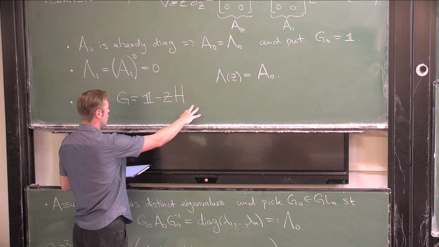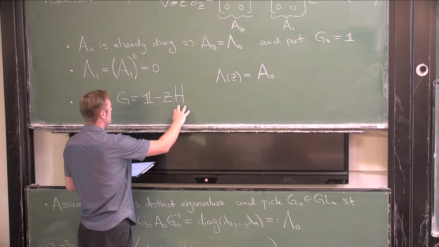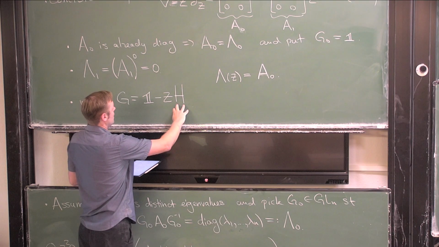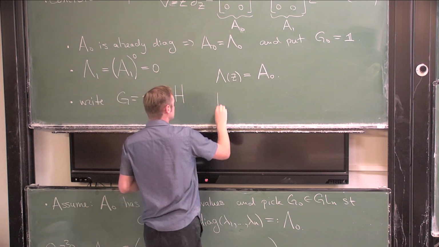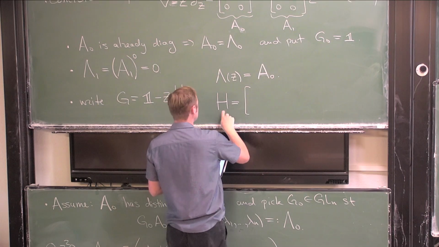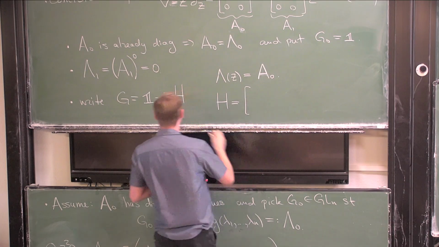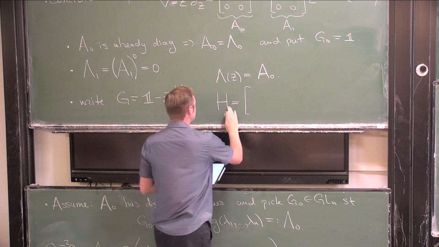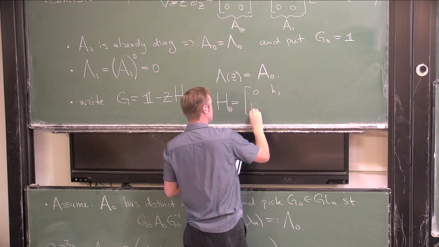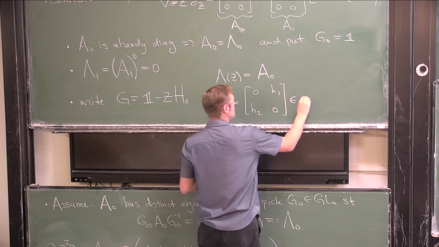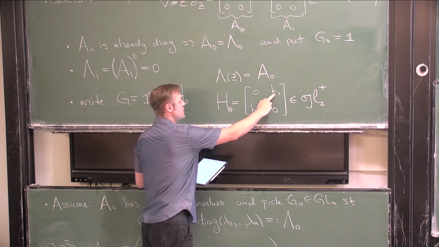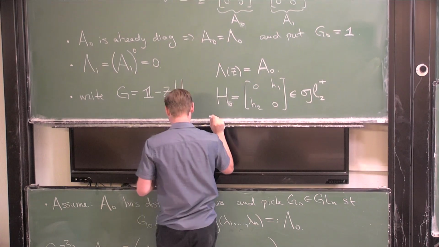There's no more g naught, and in fact I will get away with h just being a constant off-diagonal matrix. So this is my h naught. This guy is of the form h1, h2, like this. So I'm interested in finding what h1 and h2 should be.